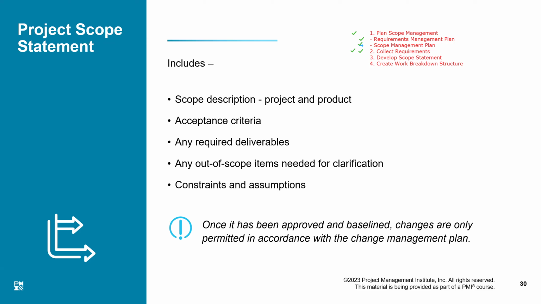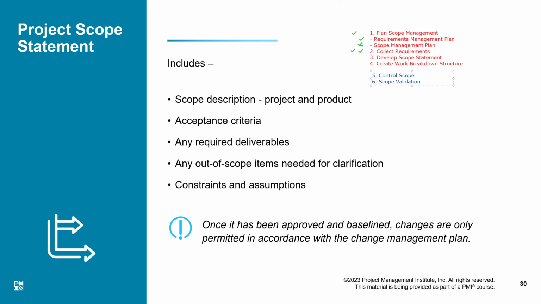Let me write it for you in a different color, as this is no more the planning. So the fifth process of scope is control scope, and the last process of scope is scope validation.